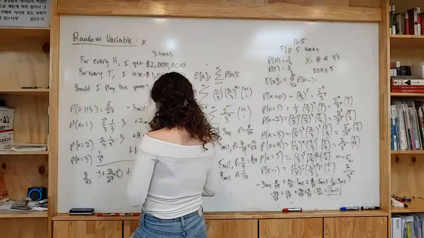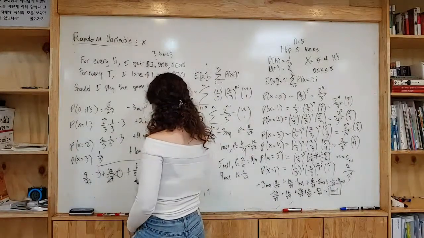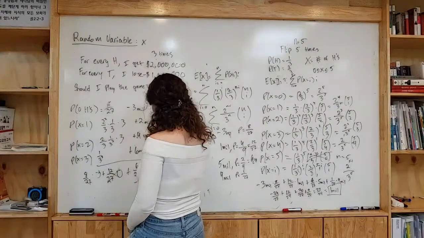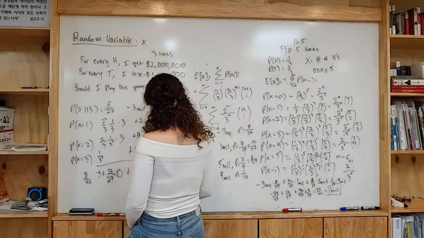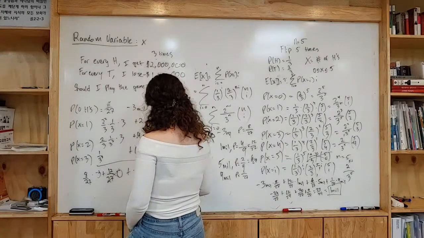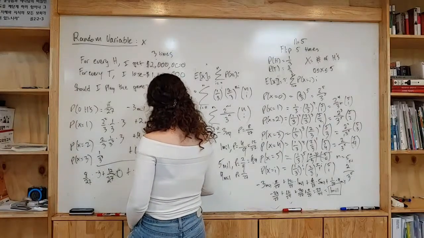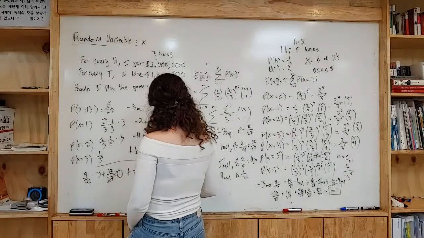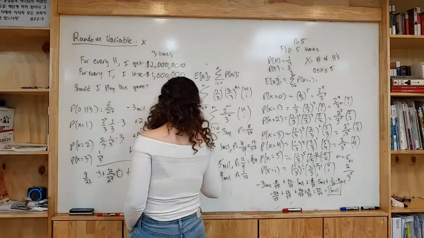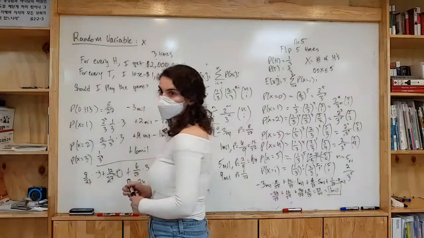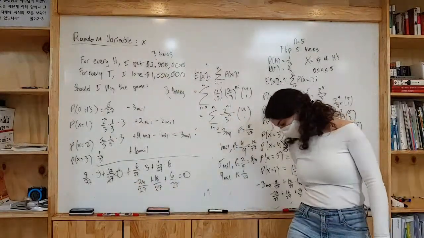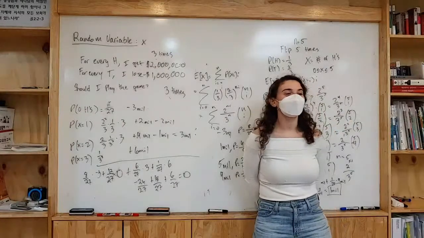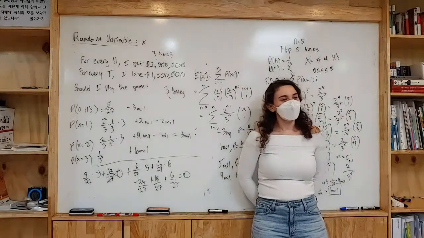Okay. What is this equal to? This is minus 24 out of 27 plus 18 out of 27 plus 6 out of 27 equals 0. You don't expect to win anything. Oh, you don't expect to lose anything. That's interesting.